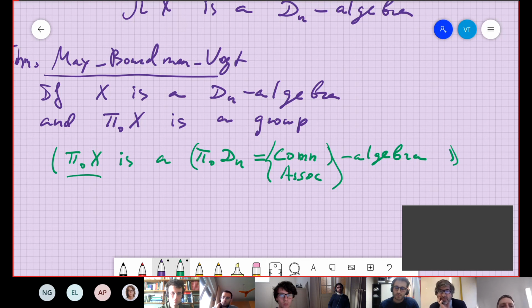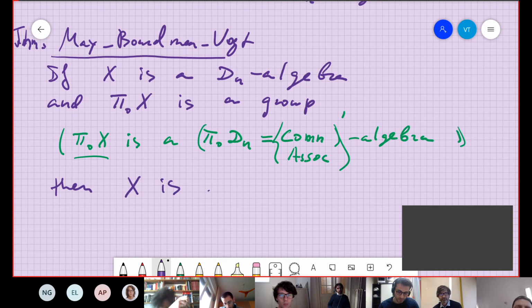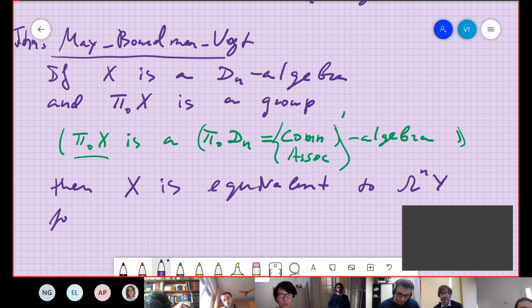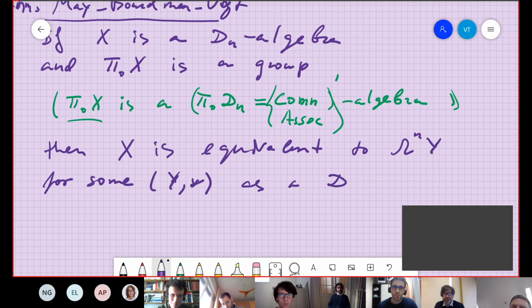And so in case it happens to be a group, we get that every connected component has the same homotopy type. And moreover, then X is equivalent to omega n y for some point in a space y, as a Dn algebra.